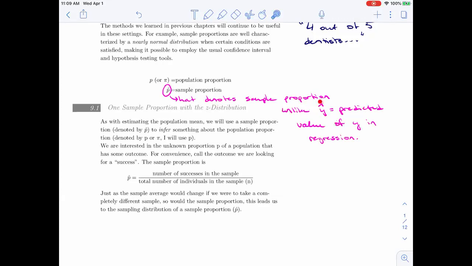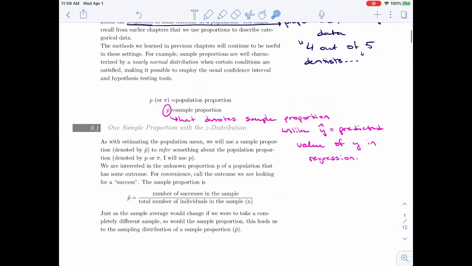So it will be obvious. If you're in a regression setting, then the hat means a predicted value. If you're in just the categorical analysis setting, then the p hat, or anytime you've got a p underneath, it's going to be p hat, means that it's just a sample proportion.